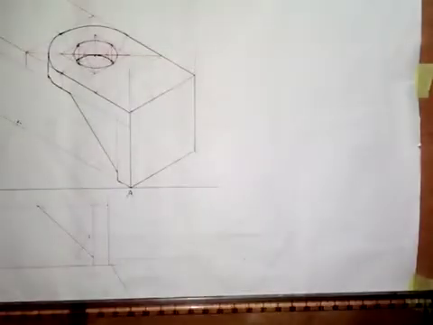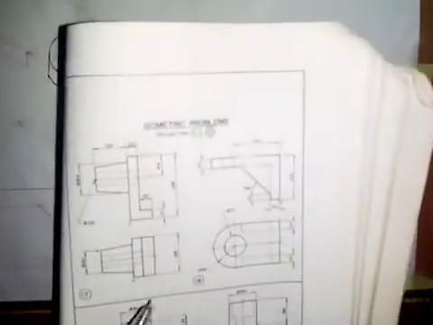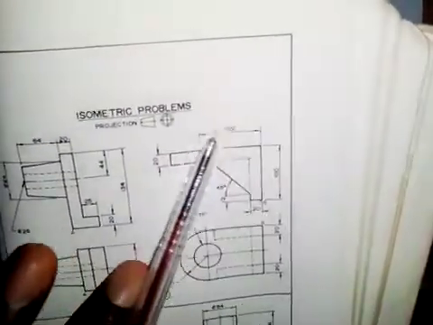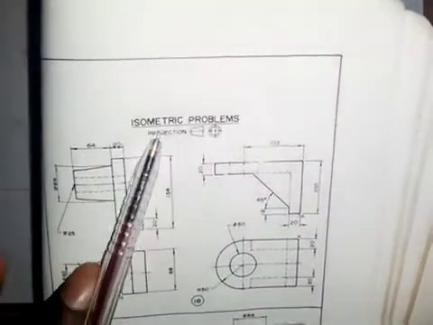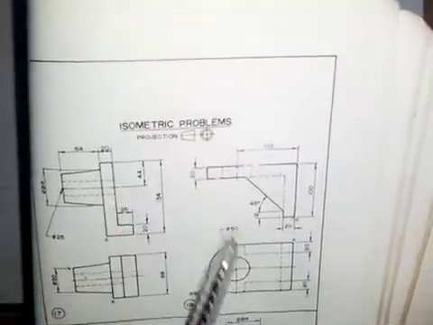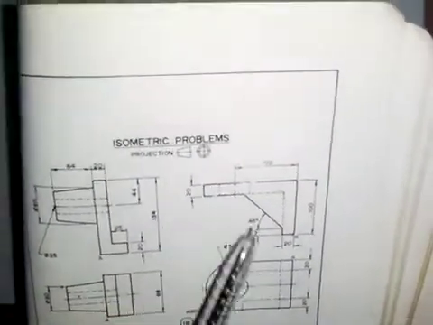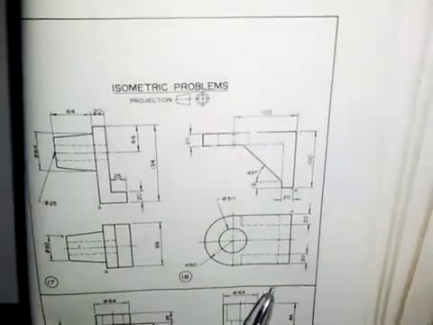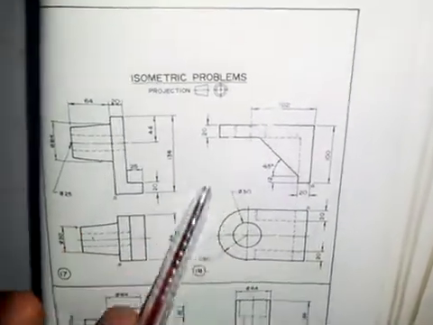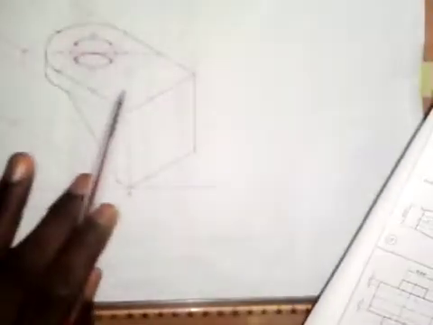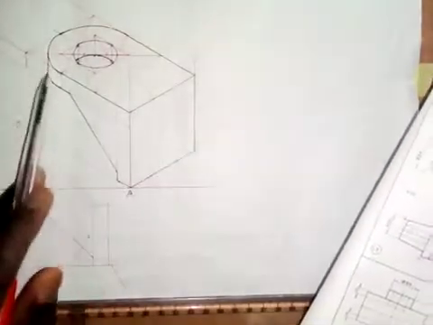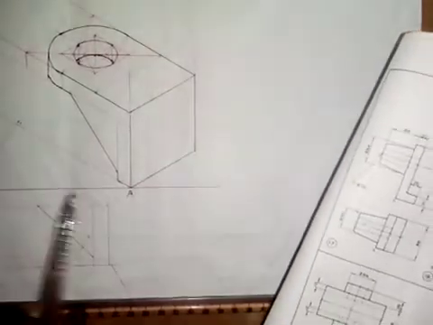So right now, as I promised, I want to work on this diagram. Based on what we are given here, orthographic views, as we are working on isometric problems, and these orthographic views are given in first angle projection, as you can see here. What we are given here is what I've done. There's a video for this which you can also watch.